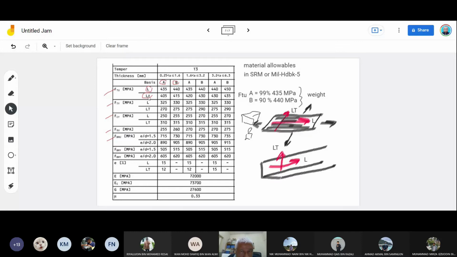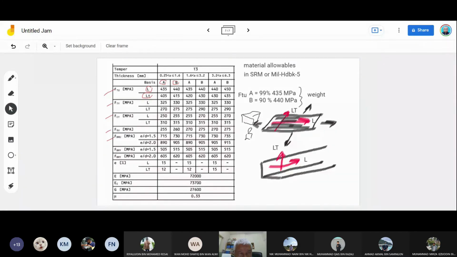If we know the grain direction, we know the direction of the L and LT, and we are able to instruct the mechanic to cut the plate for the doubler and orientate the L into the load. If not, then we have problem.